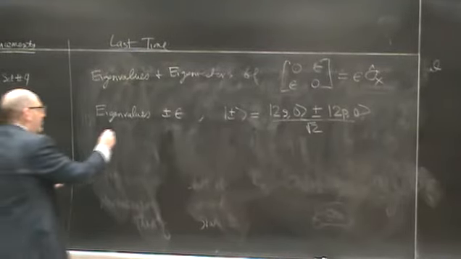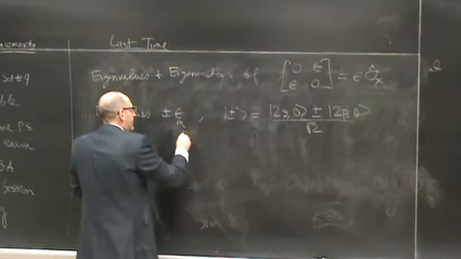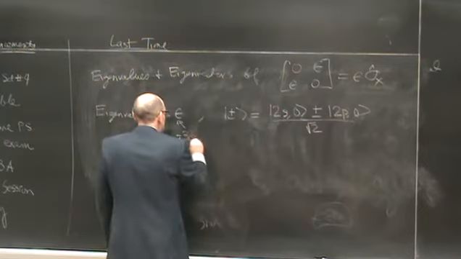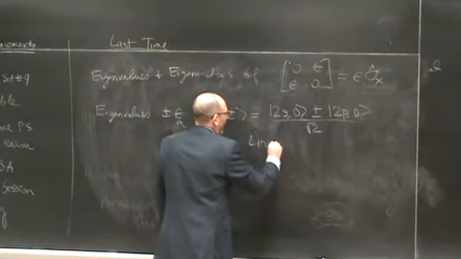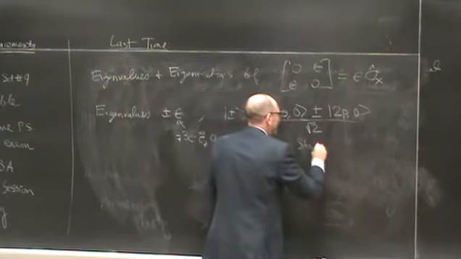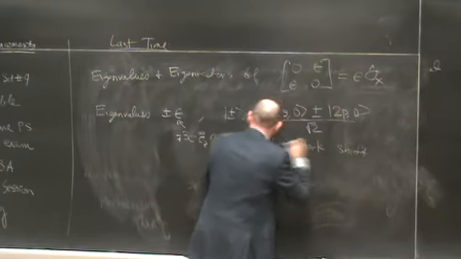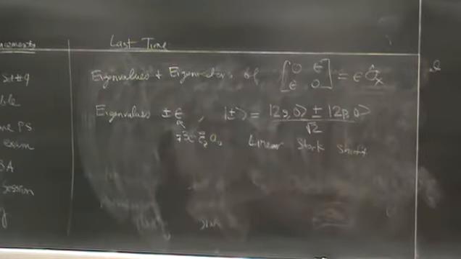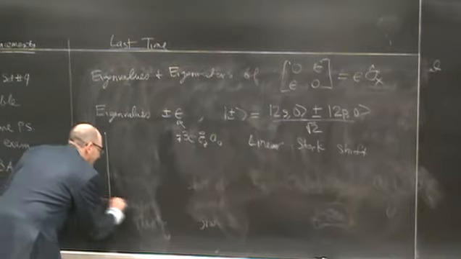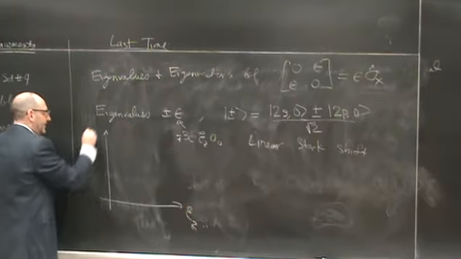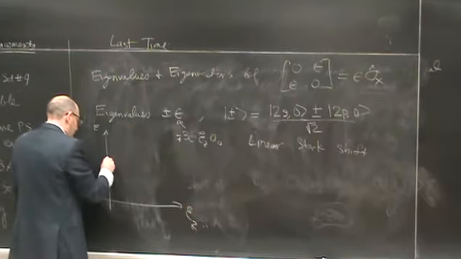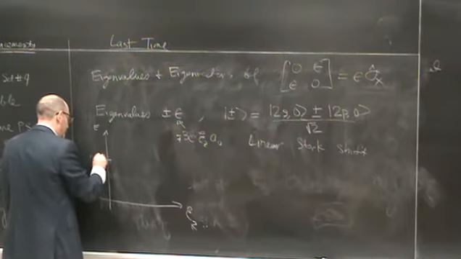And this, of course, is equal to plus or minus 3 e z a naught. This is what's known as the linear Stark effect, or linear Stark shift. It's linear because it's first order, right? That's what we expected. And so if I were to look at the spectrum, the energies as a function of this, here's the n equals 2 state.